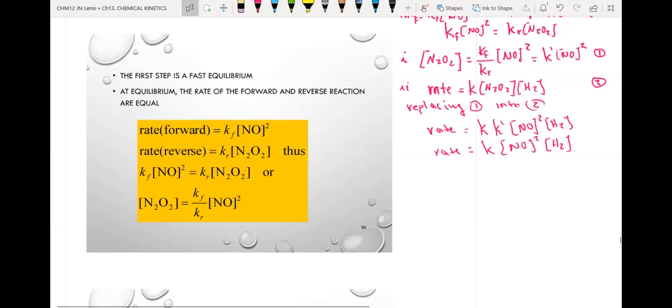From this rate law, we found it just from the reaction mechanism. What is your conclusion? Can we accept this mechanism or not?